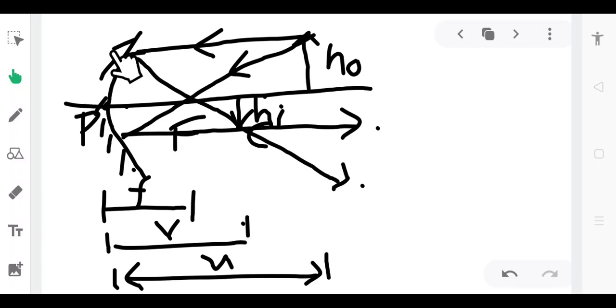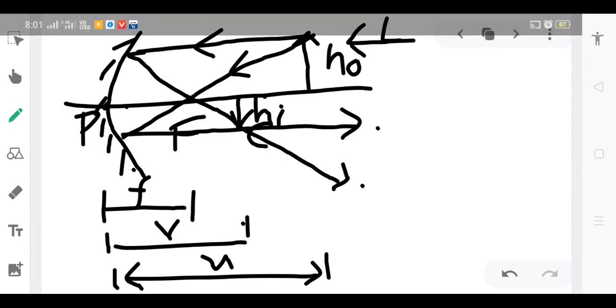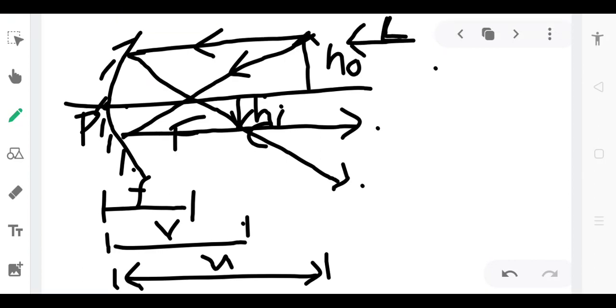Let me denote the direction of incident light with an arrow and label it L, because L stands for light.